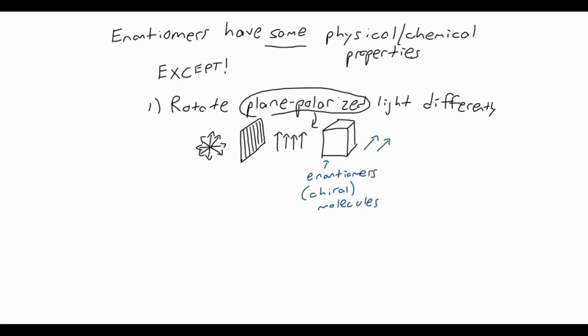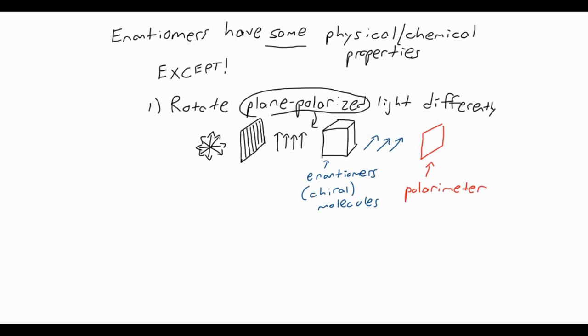So let's say now it's pointing this way. And then what we can do is measure that change. We can measure how much the light was rotated by with a polarimeter. So that tells us how many degrees, or how far, that light was rotated.